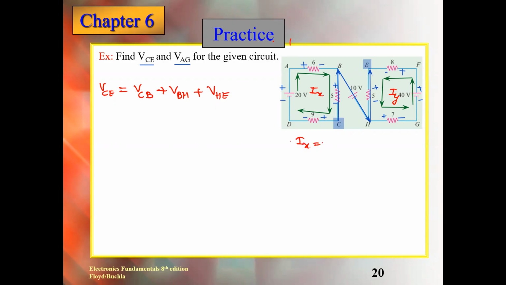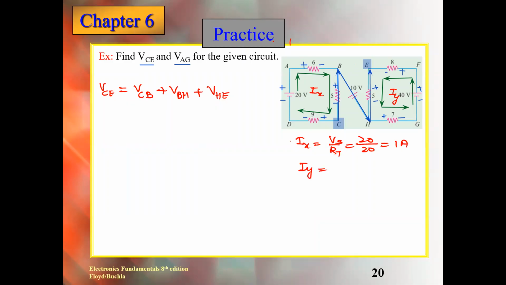So all resistances are in series or not? That's why the current is the same. So how much will it be? VS over R total. 20 over, how much is the total? 6 plus 5 plus 9, 20. 1 ampere.